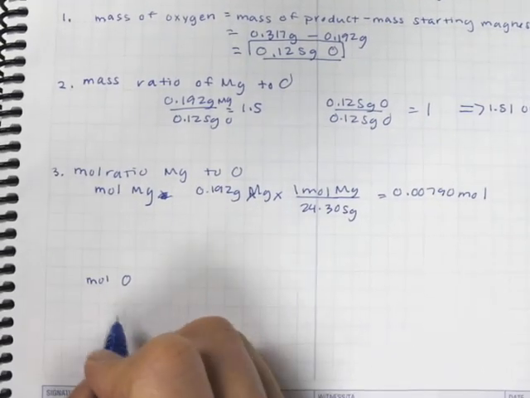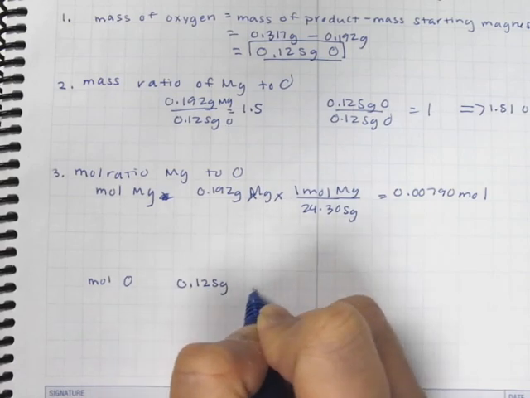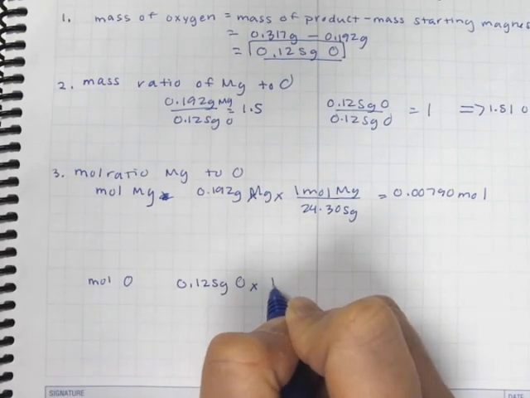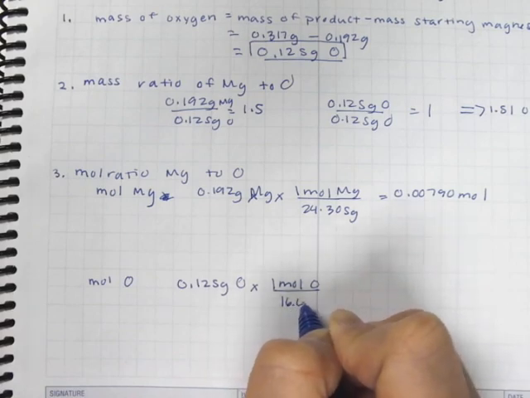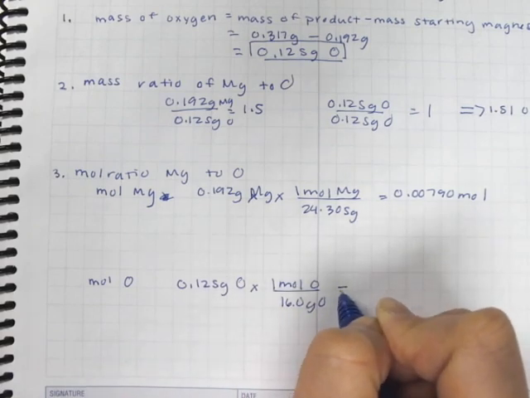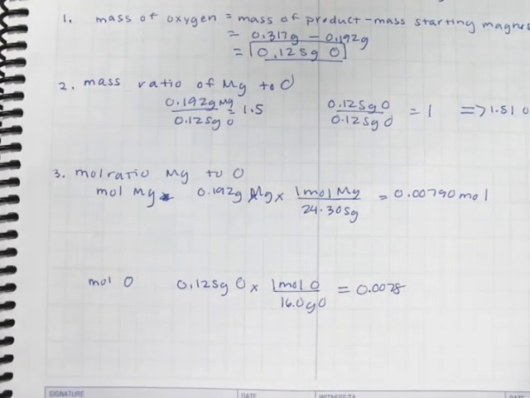The moles of oxygen will be 0.125 grams of oxygen times 1 mole of oxygen over 16.0 grams of oxygen, and that'll be 0.0078.